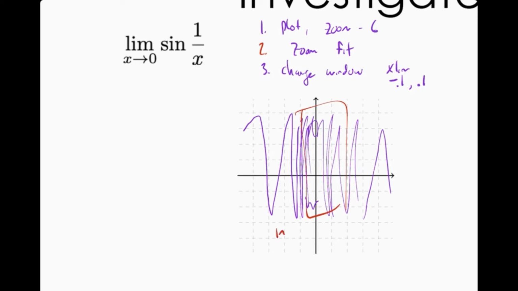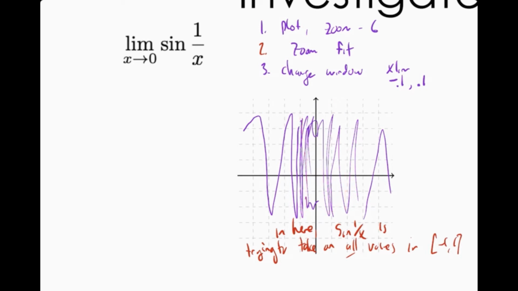In here, the function sine of 1 over x is trying to take on all values inside of the interval from -1 to 1. So that's pretty messed up. It's going as high as +1, as low as -1, and it's doing everything.